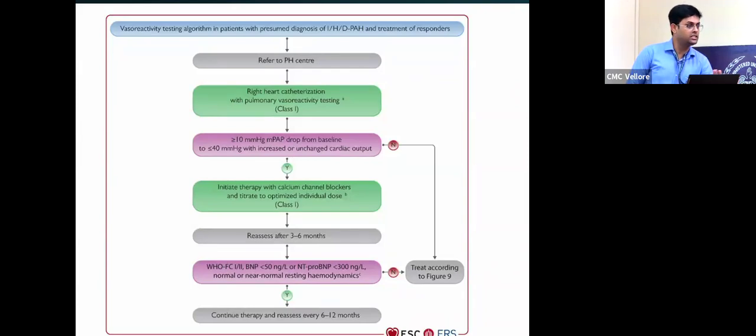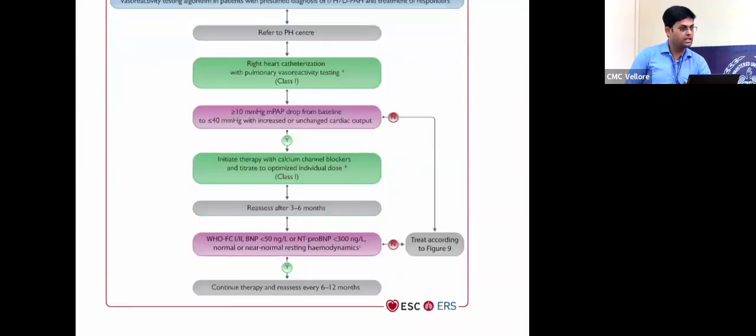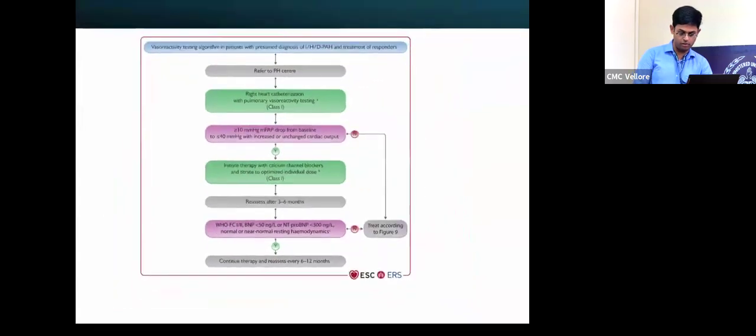If the patient gets downgraded from class 3 to class 1 or class 2, and you see the patient in 3 to 6 months and find near normal hemodynamics, and if he remains in class 1 or class 2 with optimal BNP, follow the patient for 6 to 12 months. If the patient is not responding, then we have to treat them like a routine vasoreactive negative patient, which we are going to see.